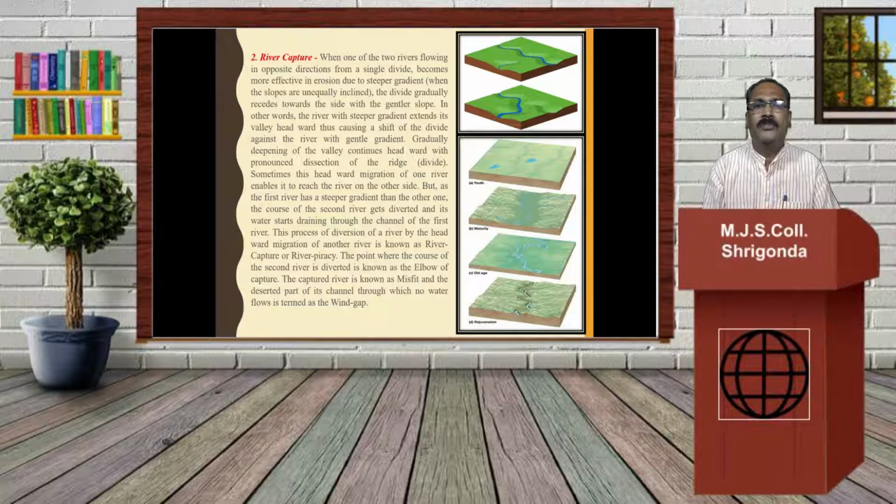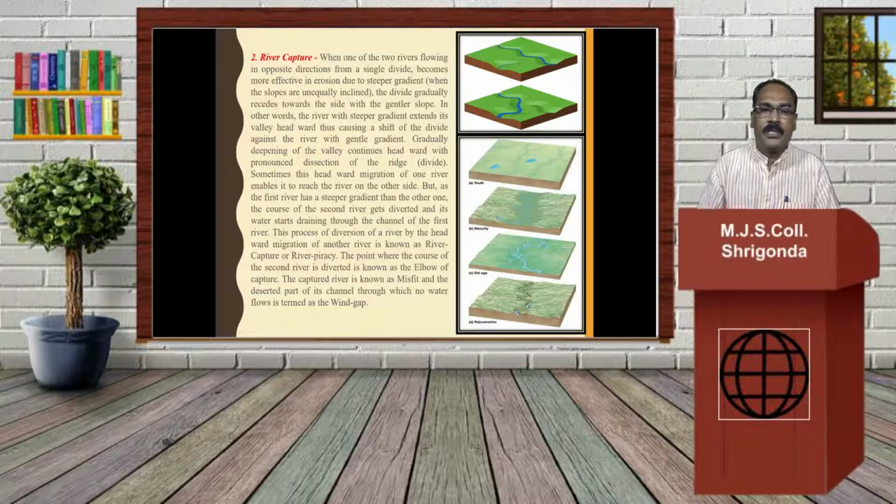Sometimes this headward migration of the river enables it to reach the river on the other side, and if the first river has a steeper gradient than the other, the course of the second river gets diverted and its water starts draining through the channel of the first river.